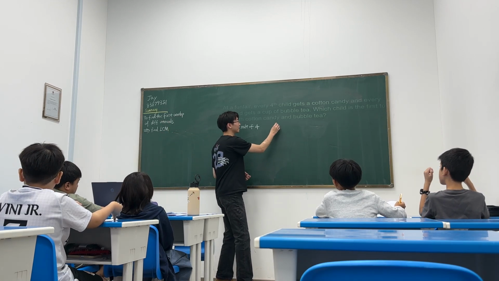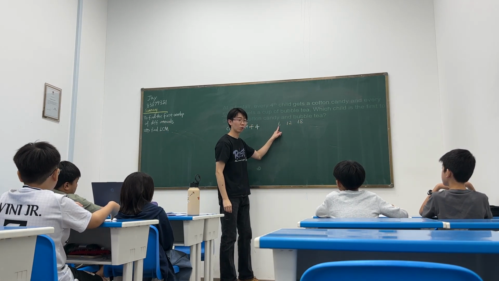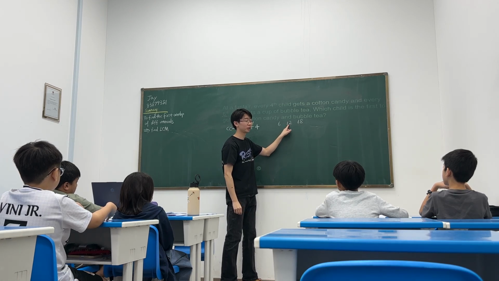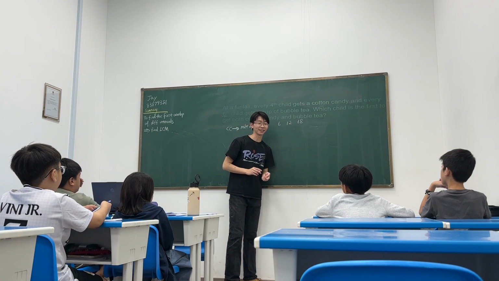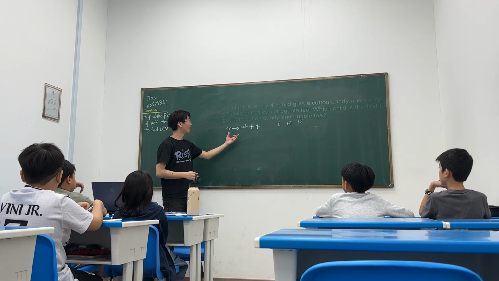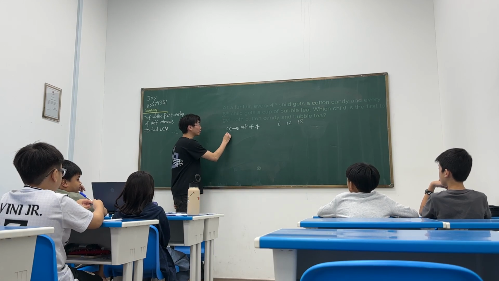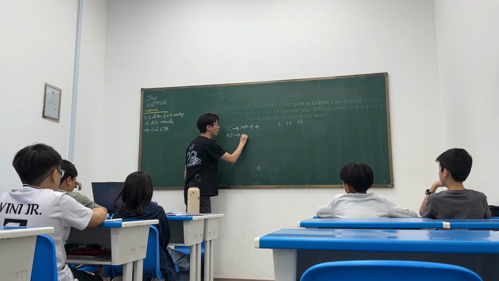Okay, you see 6, 12, 18. This is 6 times 1, 6 times 2, 6 times 3, 6 times 4. They are all the multiple of 6. Excellent. So to get the bubble tea, you need to be a multiple of 6.